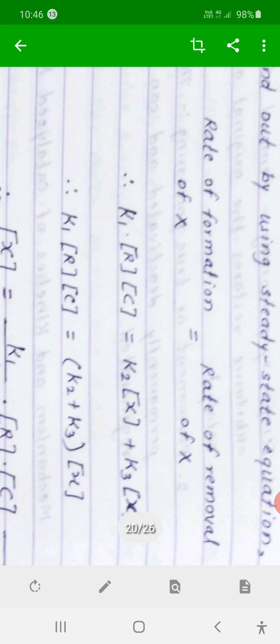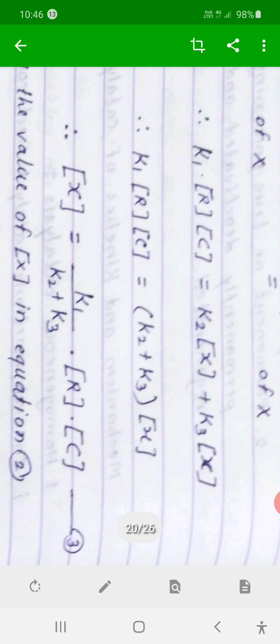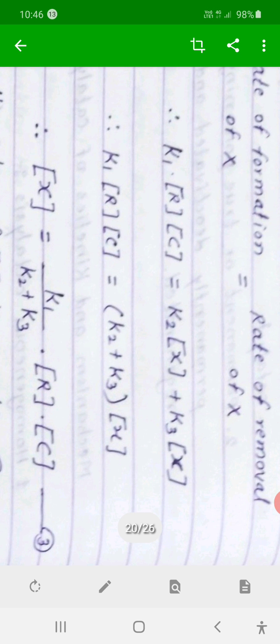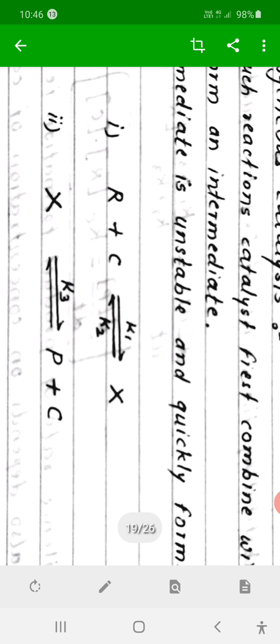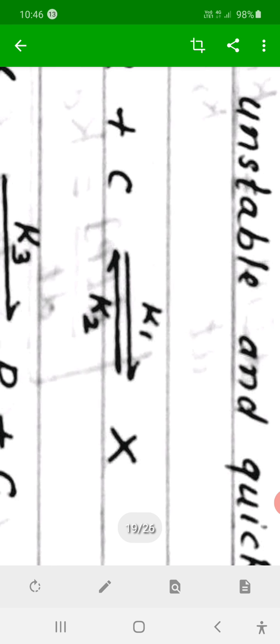But here removal of X is by two ways. One way is K2 into concentration of X, that means the backward reaction of the first step.